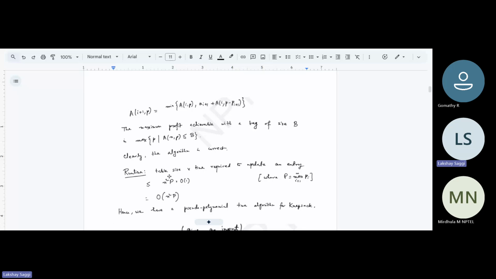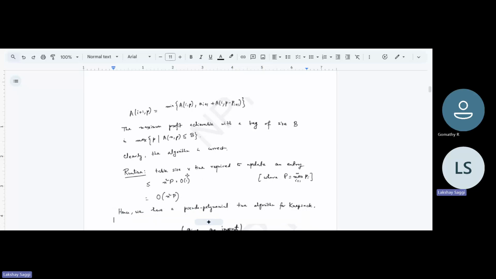So the time required will essentially be proportional to the table size only. And what's the table size here? We have n items, so the number of rows in the table will be n, and what will be the width, or the number of columns in the table?